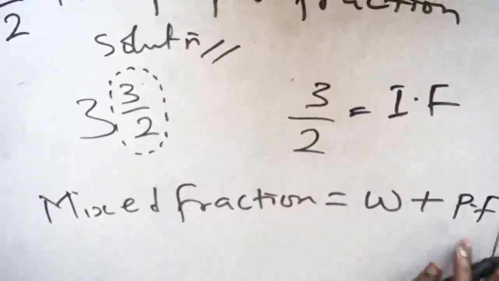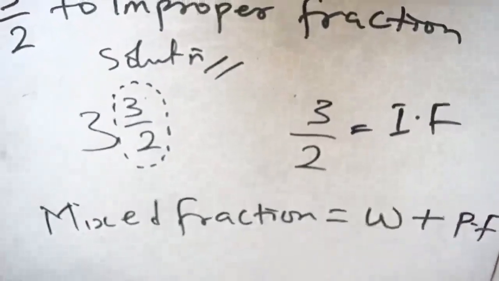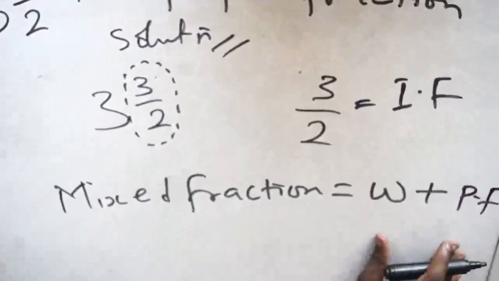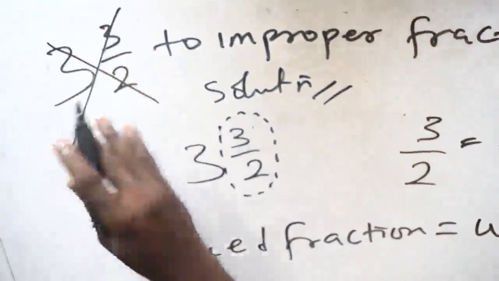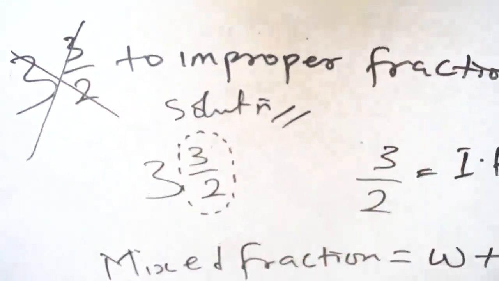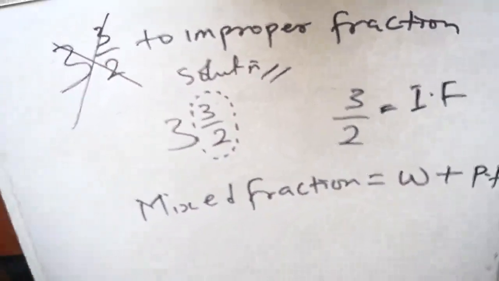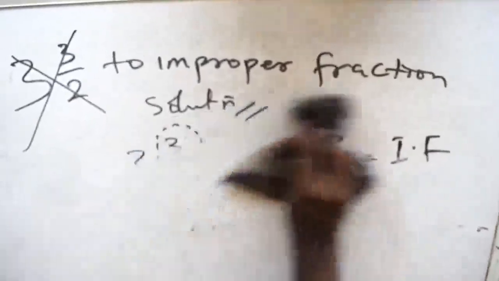But if the fractional part is an improper fraction, it means that the so-called mixed fraction is what? Wrong. It's not worthy to be called what? A mixed fraction. So since this guy is not a mixed fraction, how do we then convert it to improper fraction? It's impossible. So in this regard, this question is what? Is wrong. So you guys are supposed to spot it out by now.